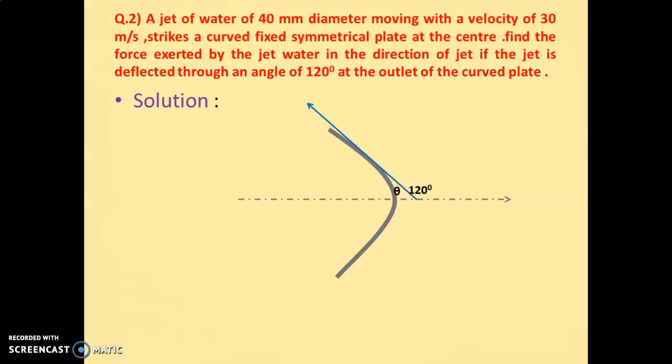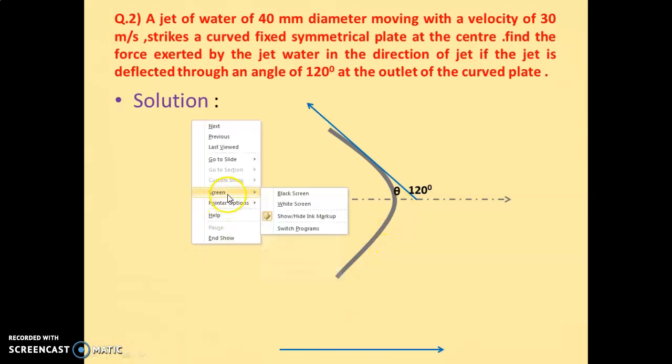So what happens is, this is a curved plate here. This is the direction of jet, and this is the tangent to the plate.